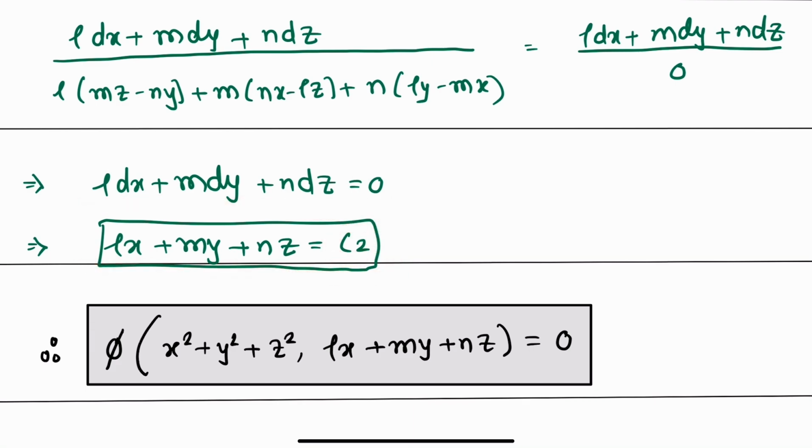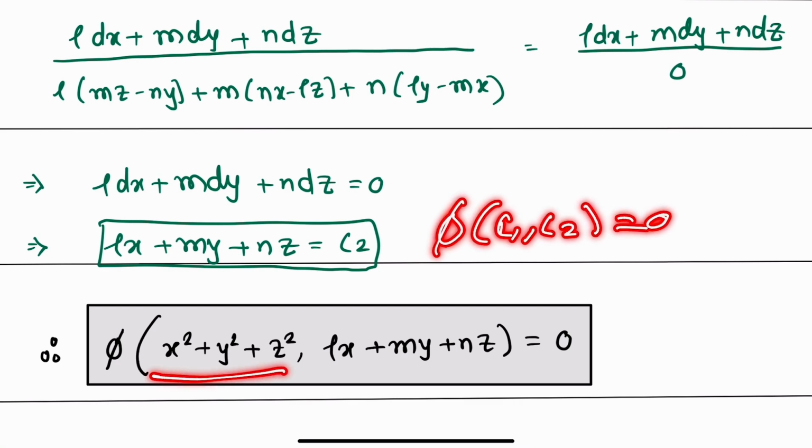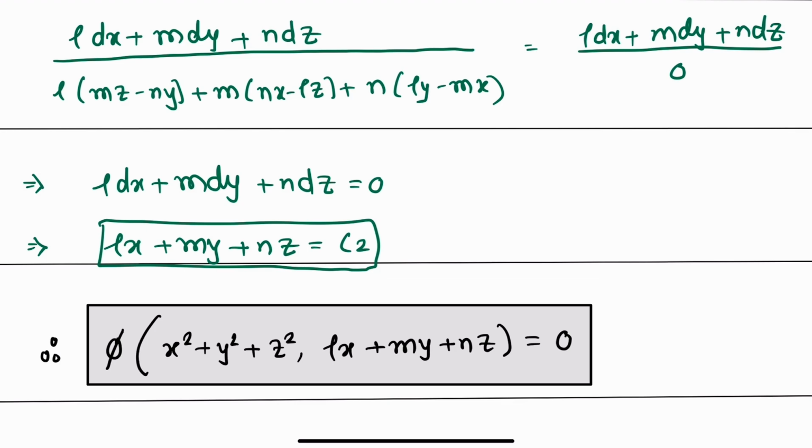And again, we will write the solution in the form of phi of c1 comma c2 equals 0, which is phi of (x square plus y square plus z square, lx plus my plus nz) equals 0, where phi is an arbitrary function. This is how you solve a partial differential equation of type 3.